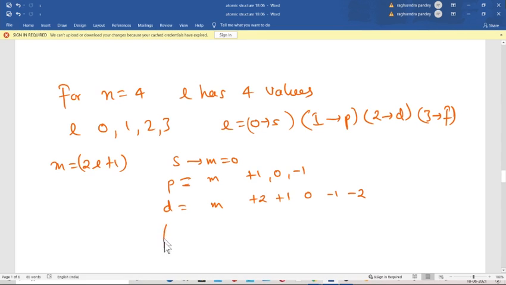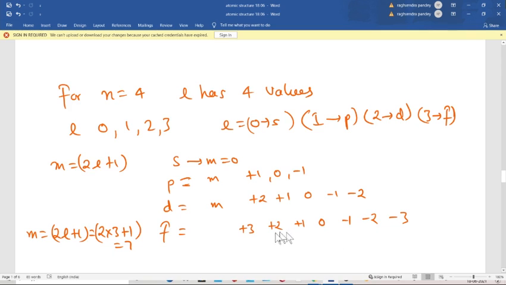For f, it has 7 values. Putting L is equal to 3 in 2L plus 1, it will be 2 into 3 plus 1, which is equal to 7. So the 7 values are 0, plus 1, minus 1, plus 2, minus 2, plus 3, minus 3.